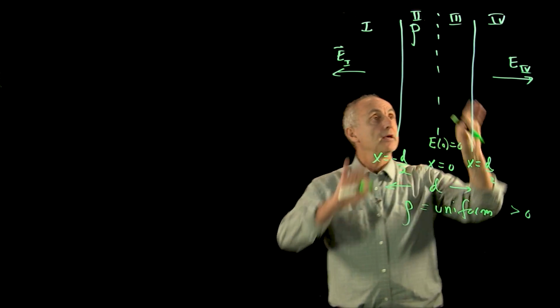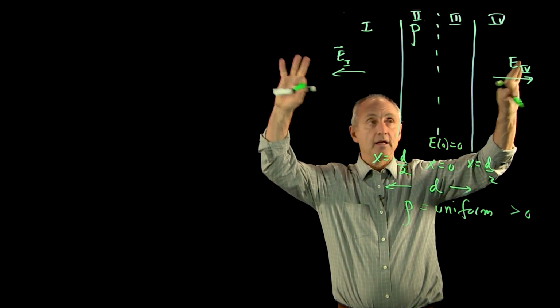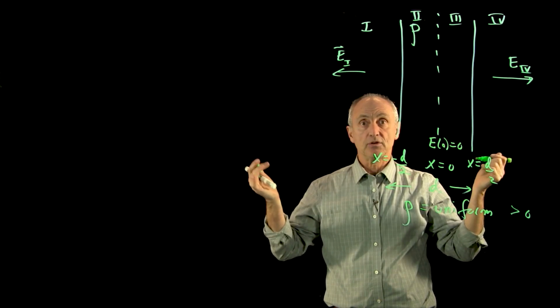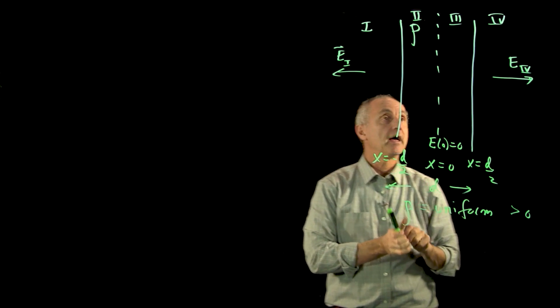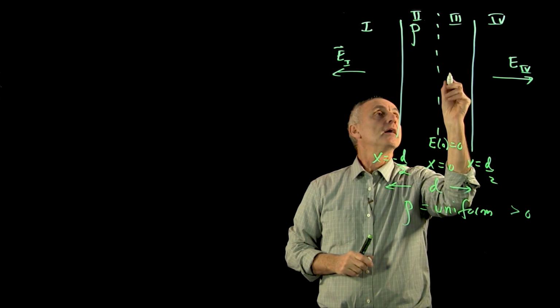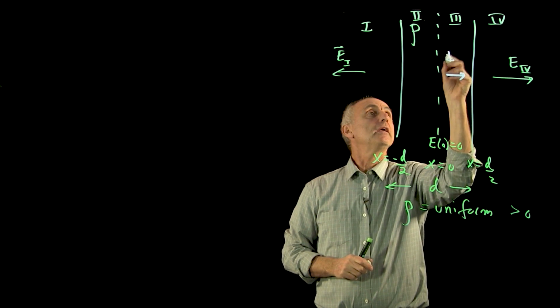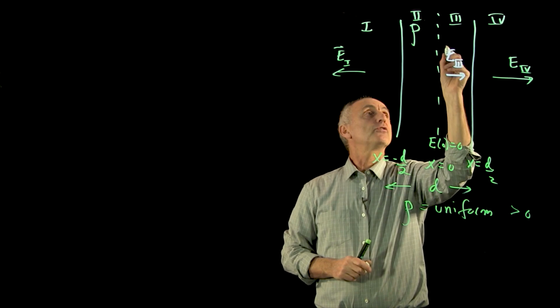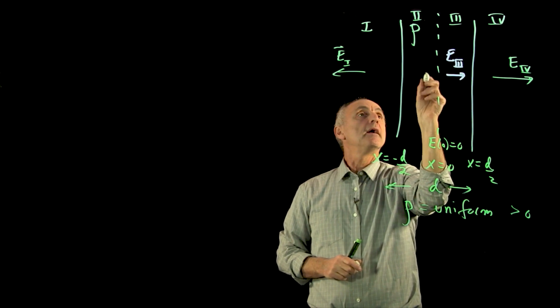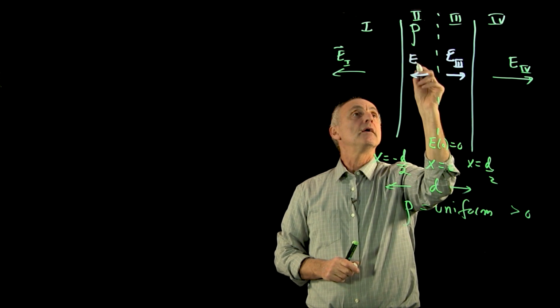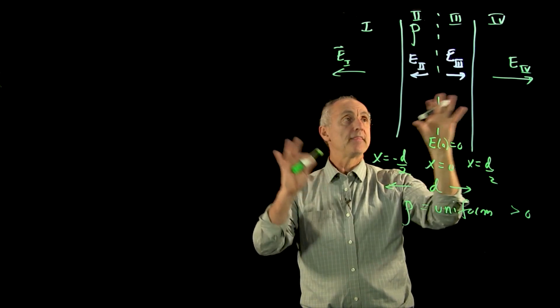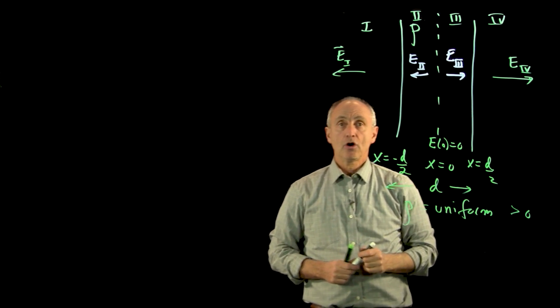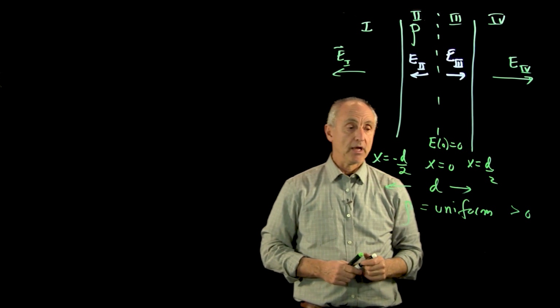Why is that? Because if the field is pointing away, somewhere in the middle, it has to be 0. And by the symmetry, it has to be at the center of the slab. And that will tell us that on this side of the center, E3, the field is going to be pointing to the right. And on this side, E2, the field will be pointing that way.